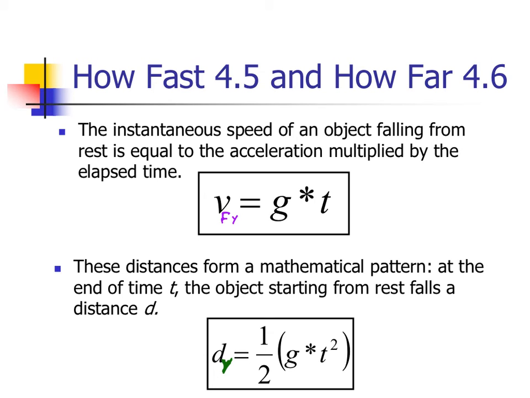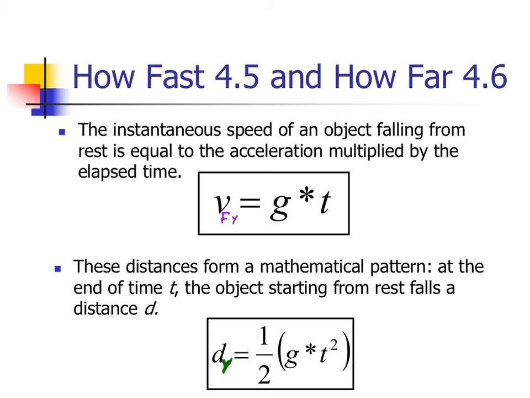We can also find the distance that the object is going to fall based on the time. Now, this one's a little bit trickier in that the distance in the y direction is equal to 1/2 g t squared, so gravity times time squared.